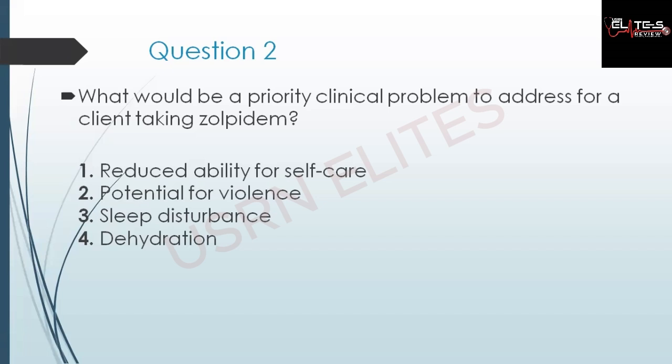I know it's used to treat insomnia. Okay, so let us take it that way. It's a CNS depressant, isn't it? Something like that. So let's have that idea in mind and try and answer.